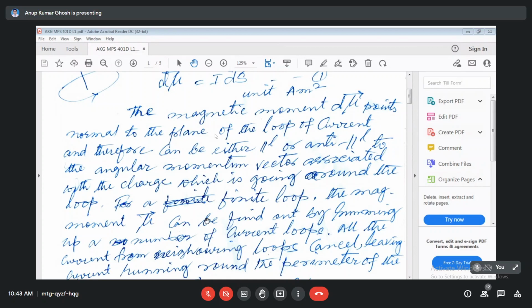This is due to the charge. And the electron has both charge and mass, and since it is revolving in a closed path, the mass will produce the angular momentum because it is revolving with respect to an axis. So the charge will give you the magnetic moment.